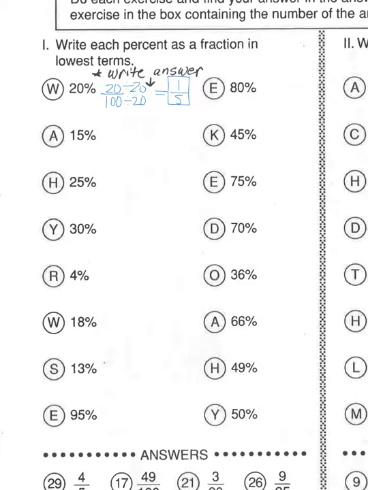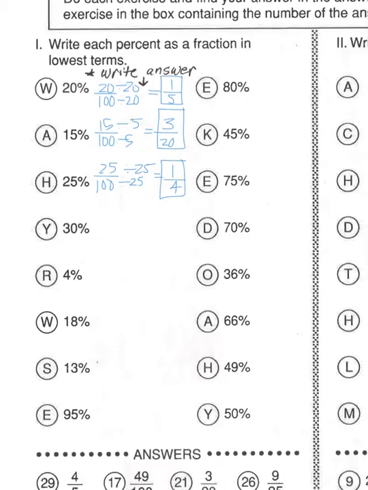Looking at the next one down, if we have 15 out of 100, the greatest common factor of 15 and 100 is 5. Simplifying both the numerator and denominator by that, we get the equivalent fraction 3/20. That can't be simplified anymore. And just one more, if we look at 25 out of 100, we can divide both 100 and 25 by 25 and get a quarter.